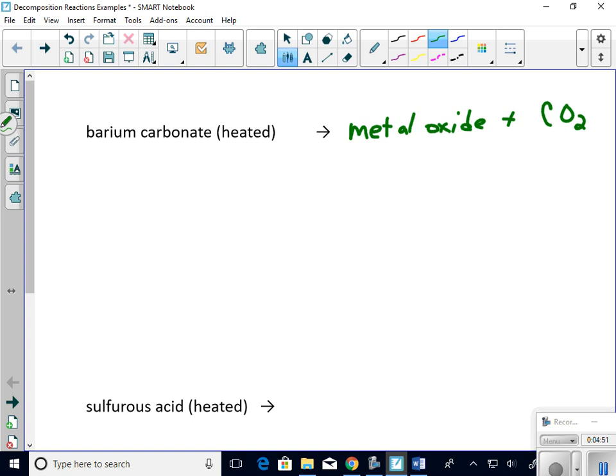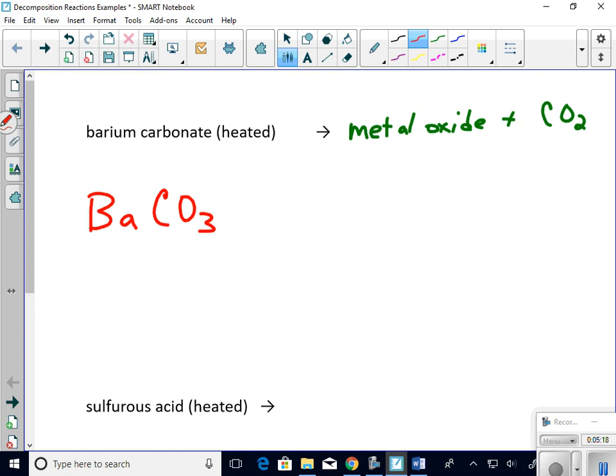So now what I'm going to do is put formulas to my words. Barium is an alkali metal, right? Or it's an alkaline earth metal. Yep. Barium's an alkaline earth metal, so it's a 2+.